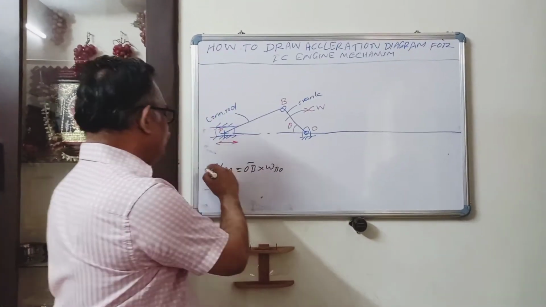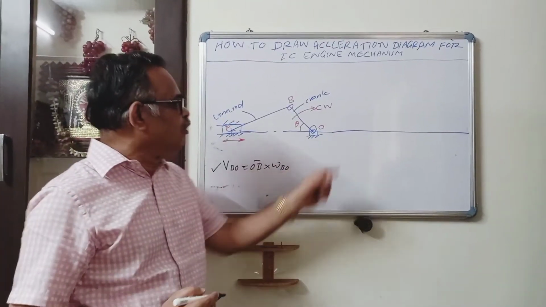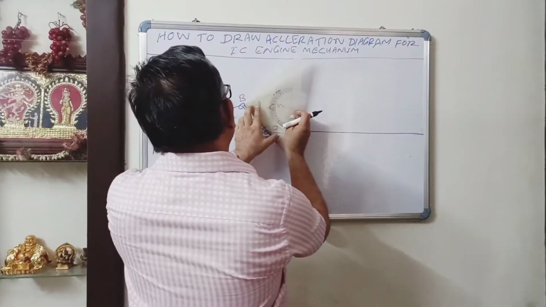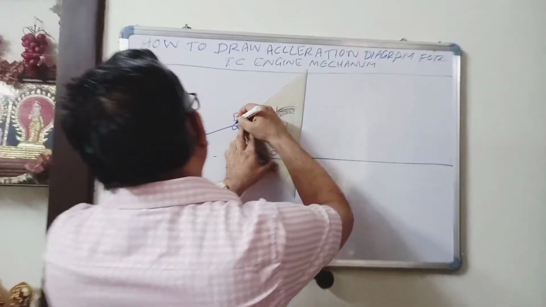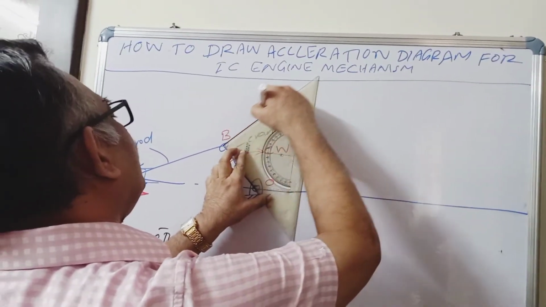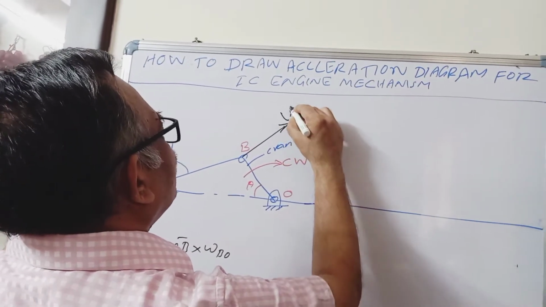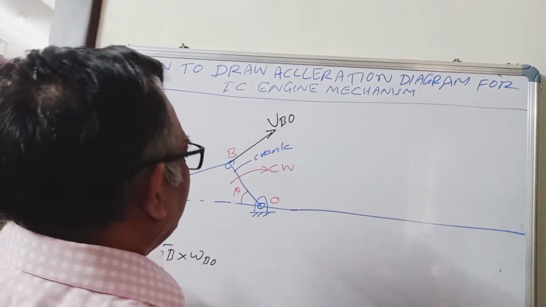This is known. To get the direction, we keep the set square like this and draw a perpendicular here. This will be the velocity of B with respect to O.